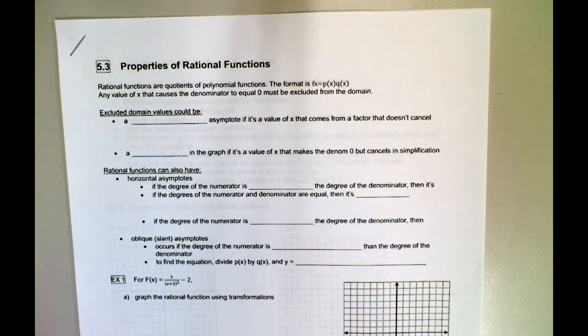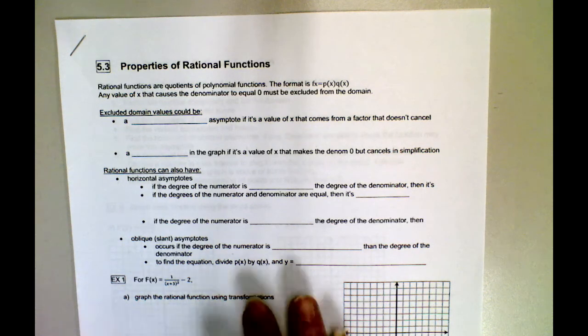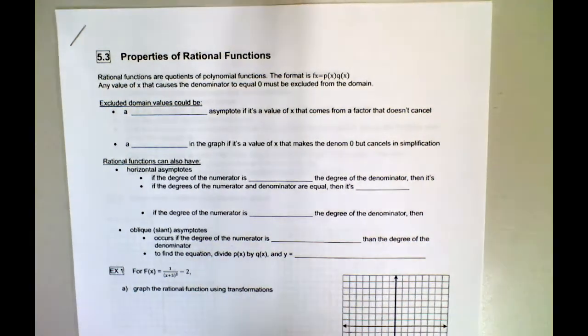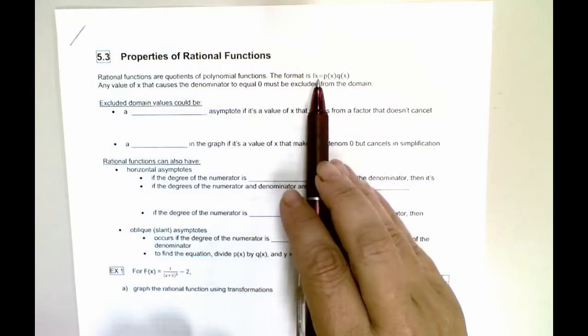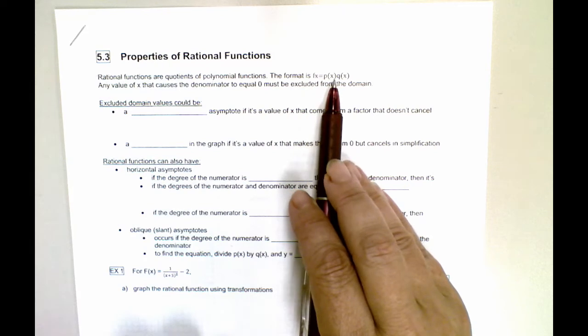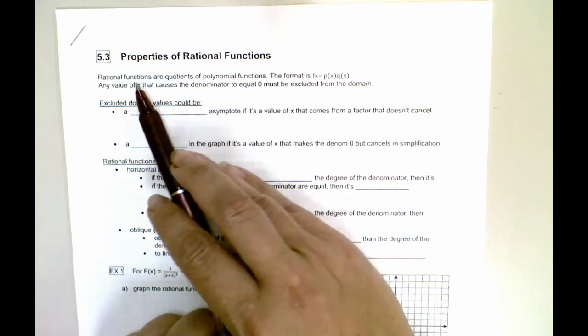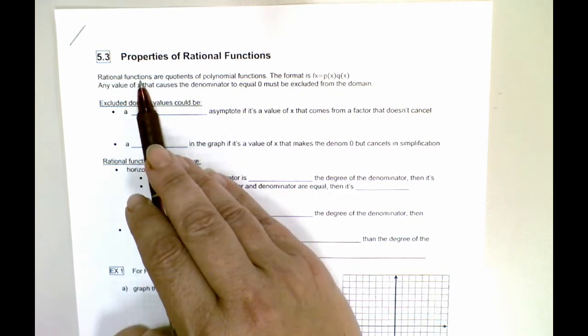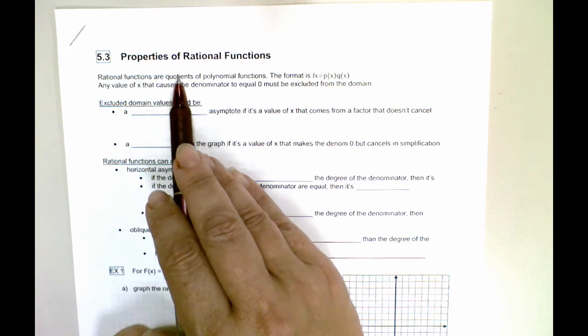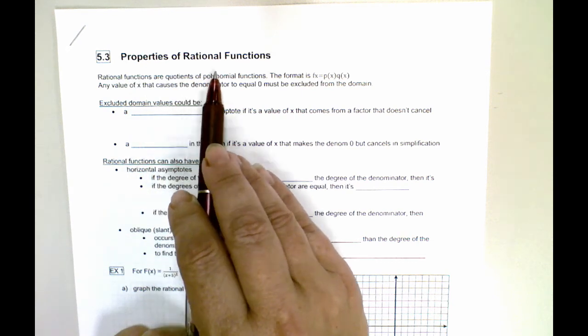All right, today we are talking about rational functions, and for some reason, when I tried to cut and paste this, it did not show up correctly. But the definition for rational functions is that they are quotients of polynomial functions.